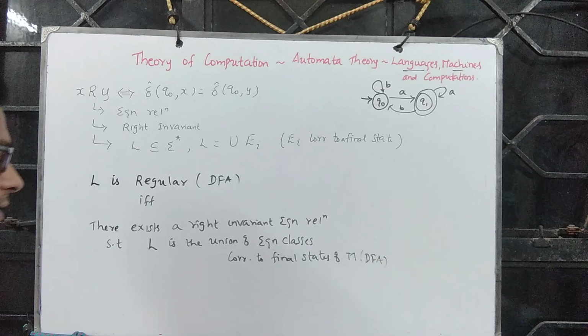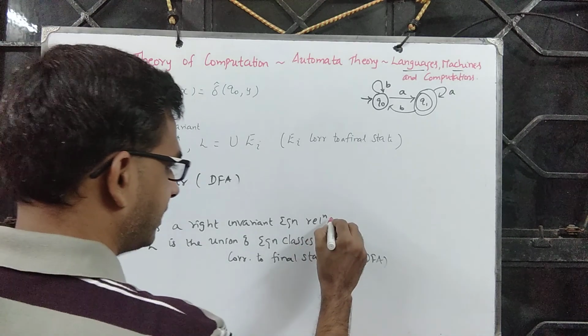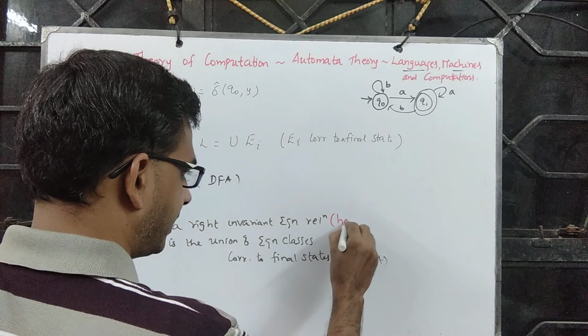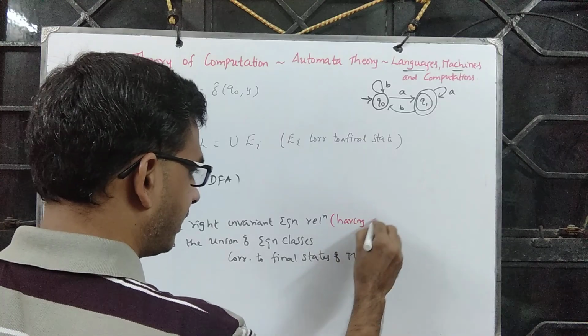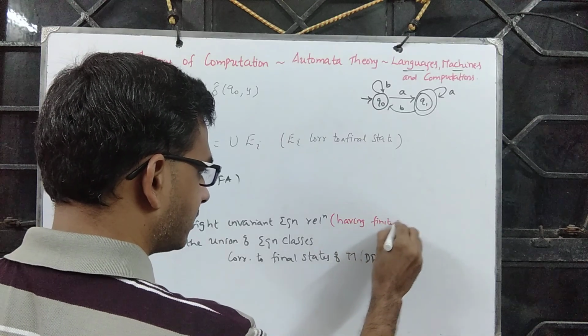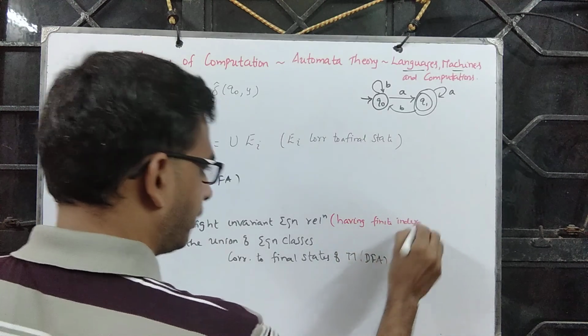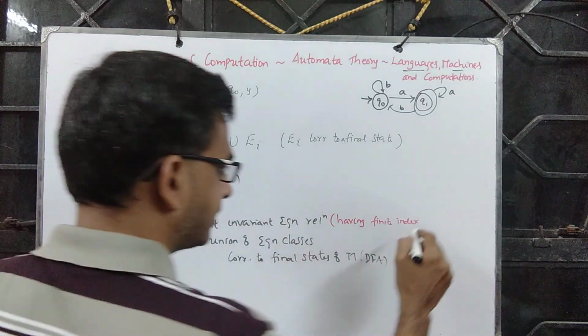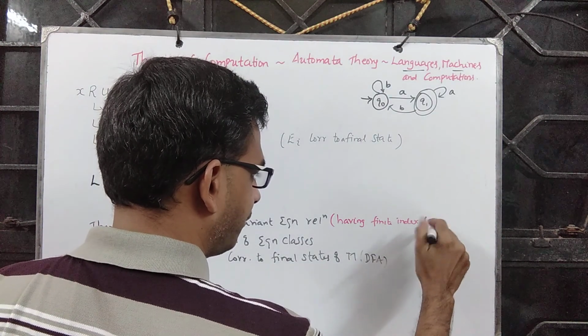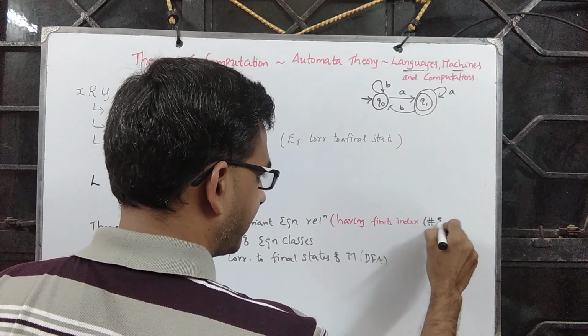If you look at this right invariant equivalence relation, it is not an arbitrary one, it has finite index. What do you mean by finite index? The number of equivalence classes is finite.